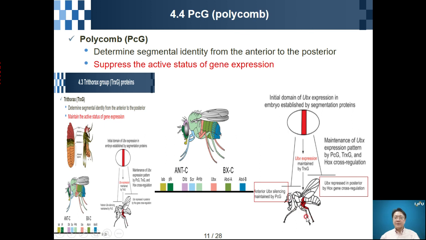But except for the T2 segment, in the other regions the expression of Antennapedia should be suppressed. In that case, PCG suppresses the active status of the Antennapedia expression in the other segments.